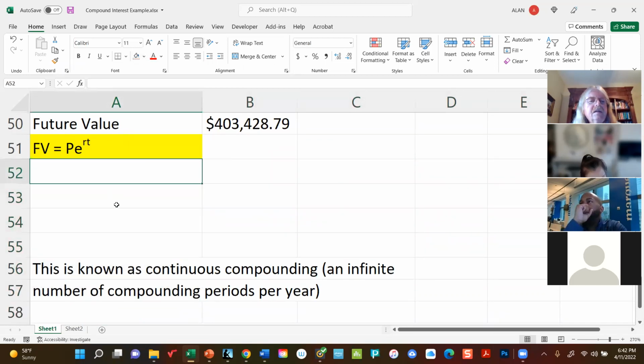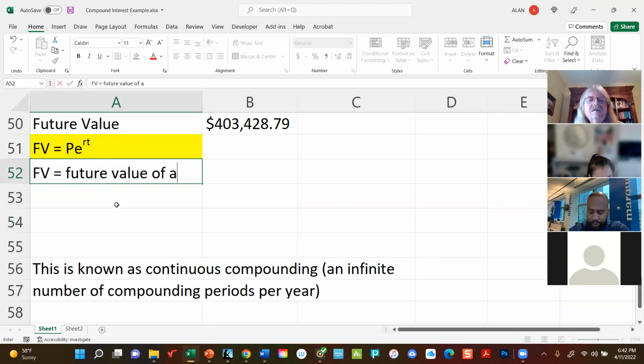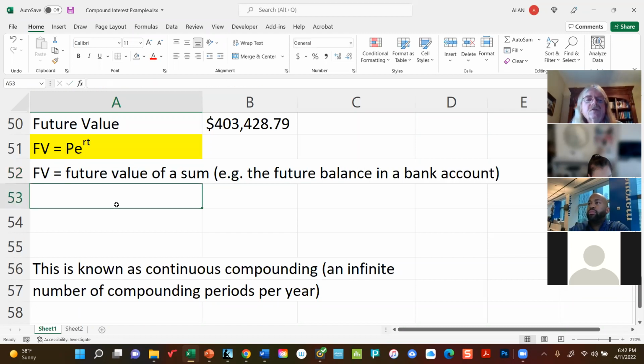It's really helpful. Okay. FV is future value of a sum, which is the same thing as saying, for example, future balance in a bank account. That would be an example of a future value.